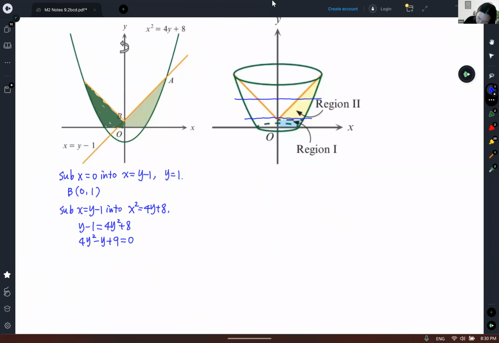What am I doing? Square. No solution if there's no square. Then 3y squared plus 2y plus 7 equals 0.